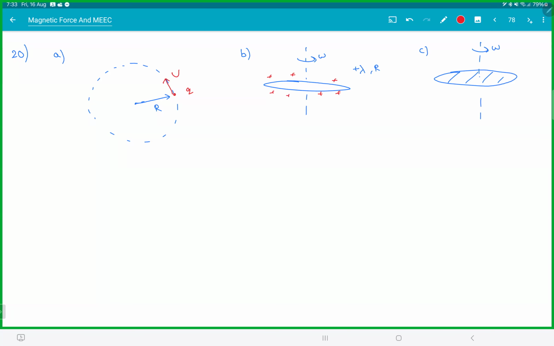If something is going in a circle, it behaves like a current loop. It's a disk with Q and R, rotating with omega. Then a disk where sigma is equal to sigma naught x for x less than or equal to r, with surface charge density.